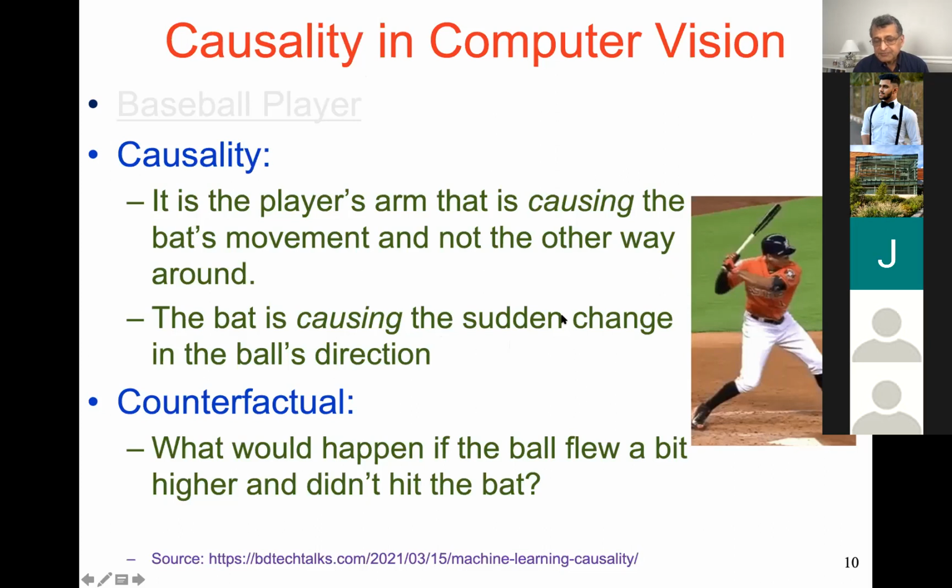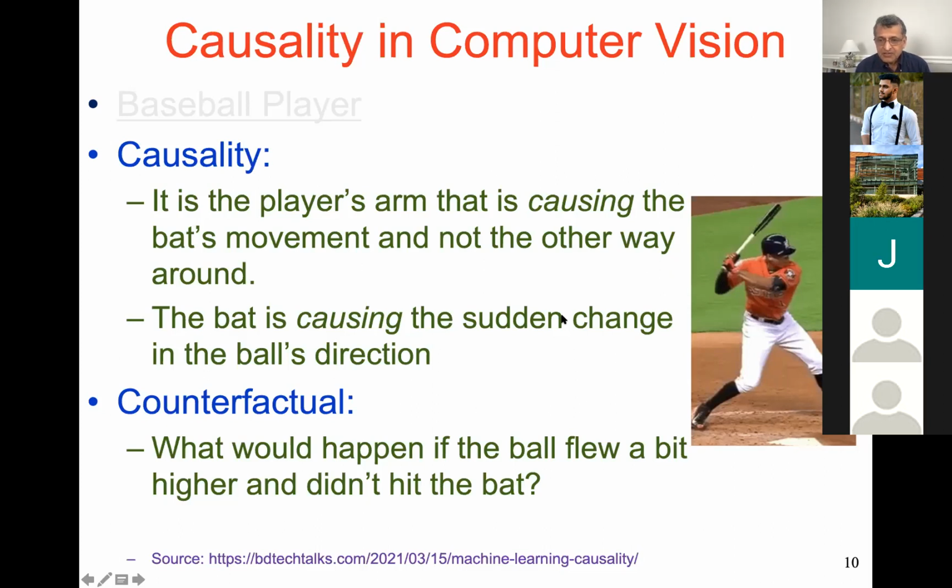There is another concept that human beings can deal with. First of all, there is this probabilistic correlation, which is the simplest type of thing. Two things happen simultaneously or in a similar way. That's correlation. Causality is one causes the other. The third one is counterfactuality. What would happen if the ball flew a bit higher and didn't hit the bat?